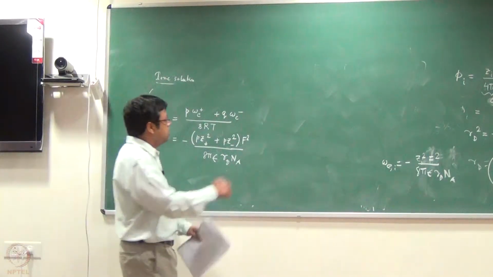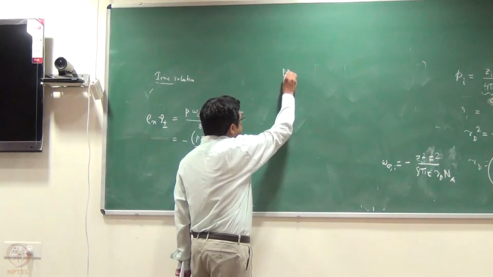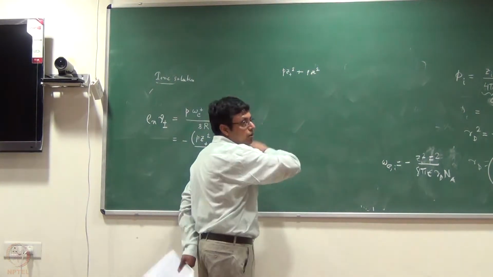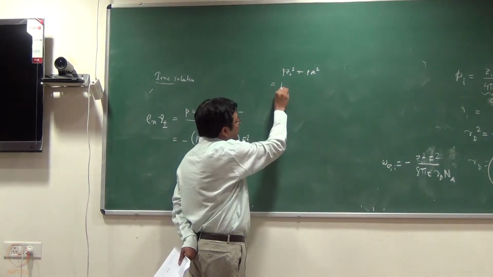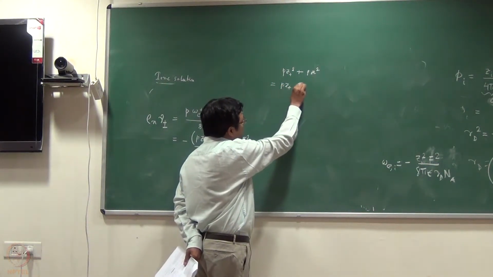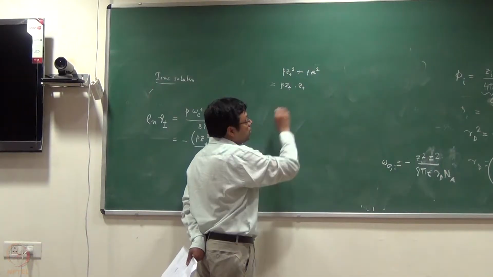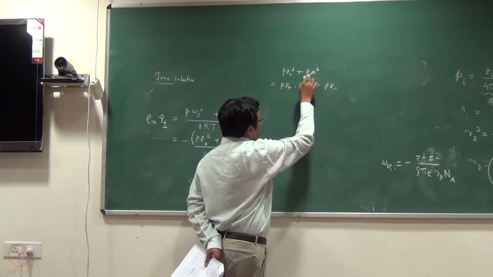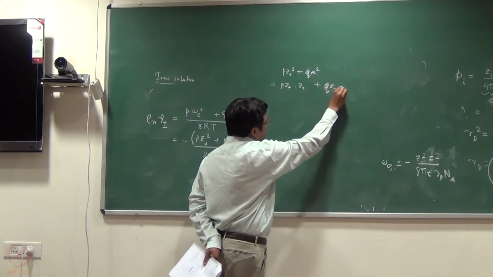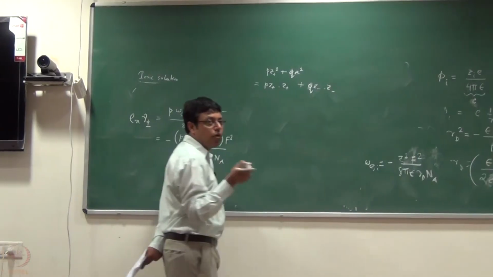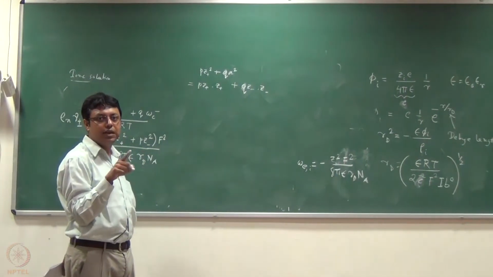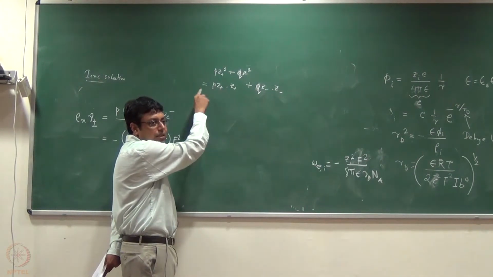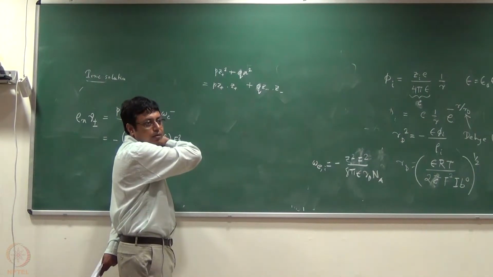How? Think about it. This P Z plus square plus Q Z minus square. Just look at it, P Z plus into Z plus, right? And this is Q Z minus into Z minus. Now for electrical neutrality, we already said P into Z plus has to be basically minus Q into Z minus, right?